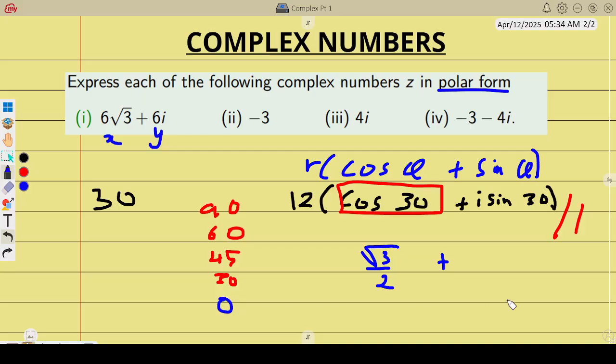We only have one item which is below 30, meaning sin 30 is 1 over 2. And remember there's a 12 outside. When we cancel 2 into 12, we're going to end up with a 6.